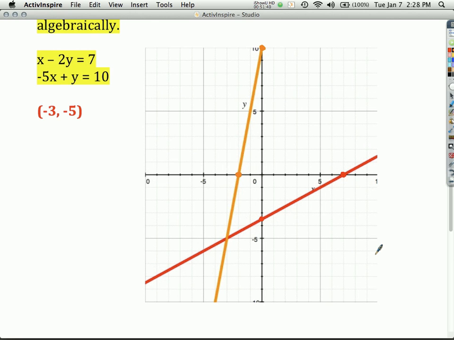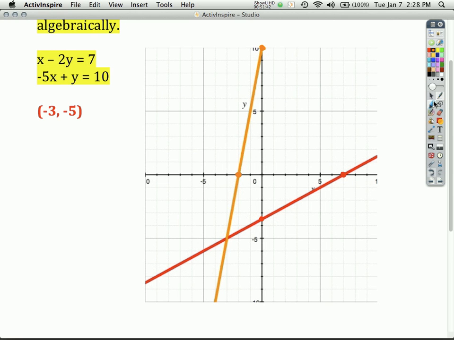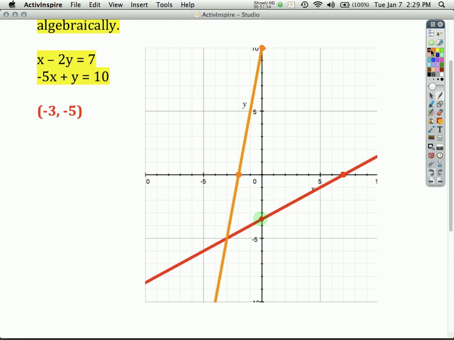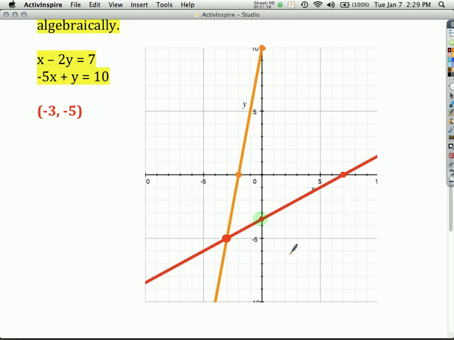So really the only intercept that was a tiny bit challenging was this one right here, -3.5. And then when you connect the dots and draw the lines, you end up with this point right here being the point of intersection, and that's -3, -5.